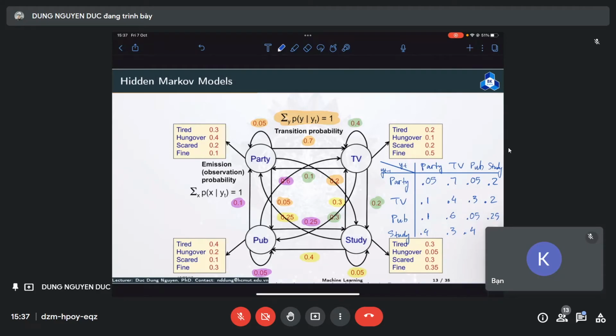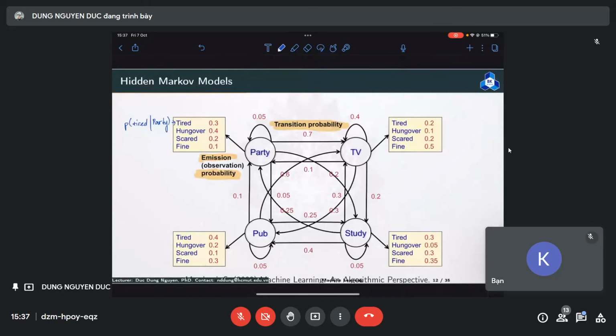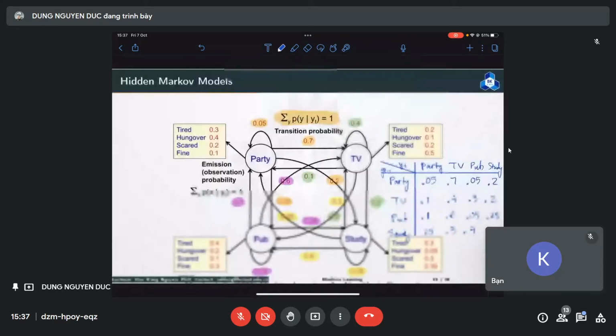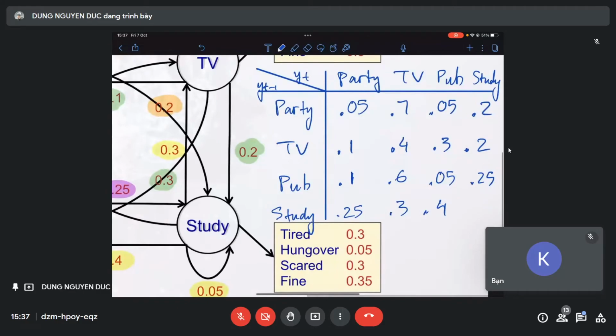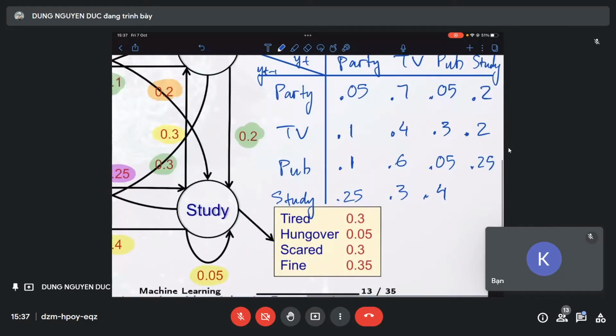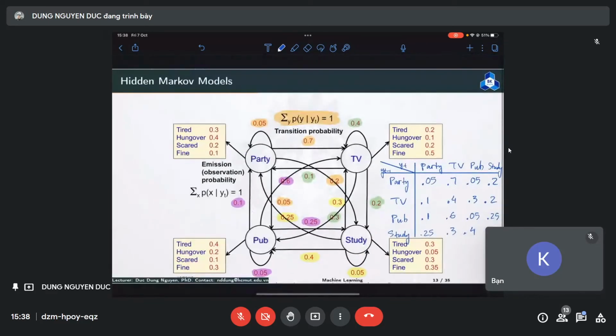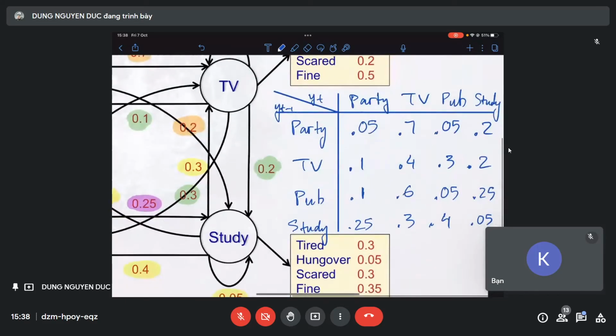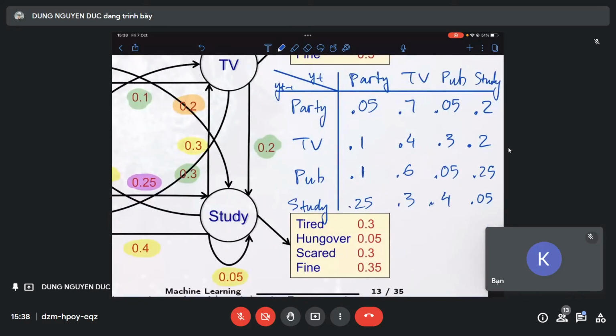Study to study should be 5%. Okay, so you got this table.